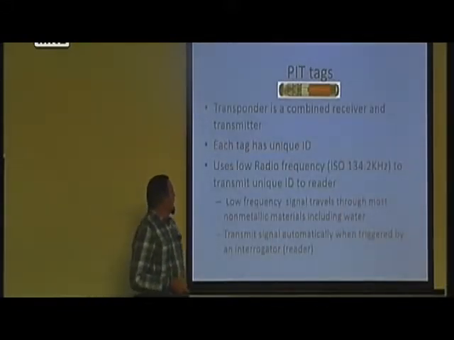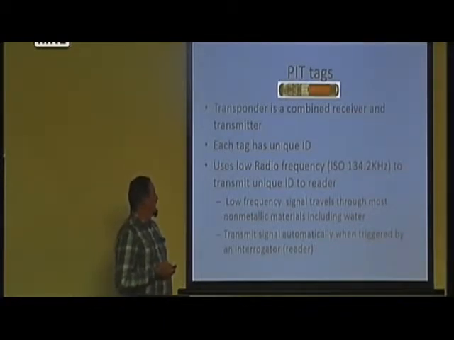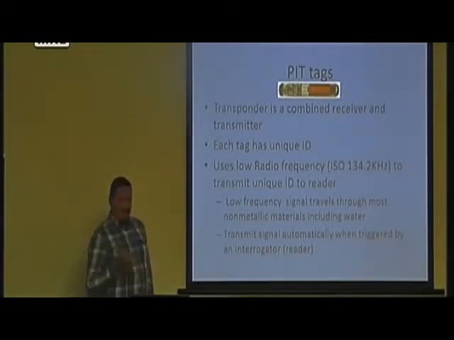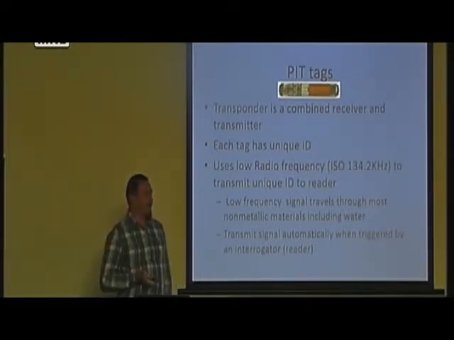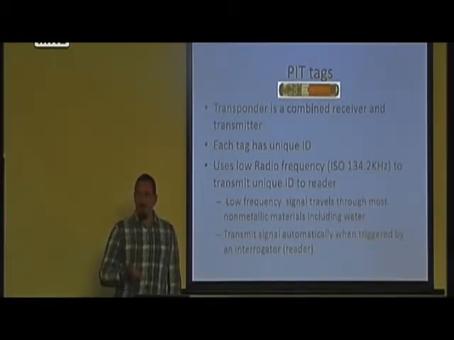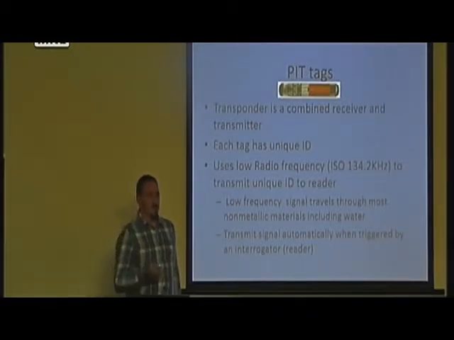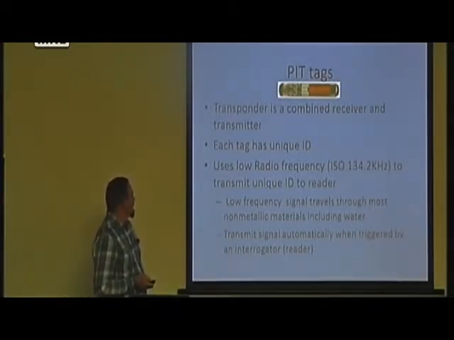Okay, so the PIT tag itself is a combined receiver and transmitter. Each tag, which is the great thing about these, has a unique ID. So when you get that tag again, you know exactly what fish it belonged to, and when you last saw it. You've got all the details of that fish.